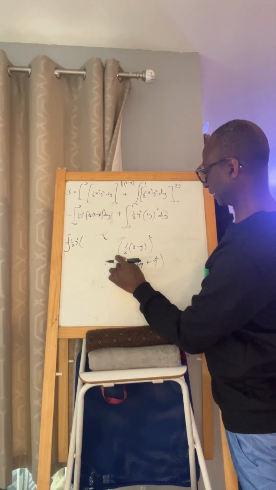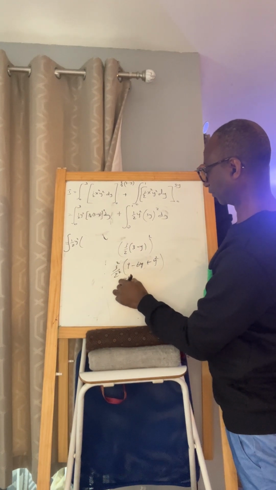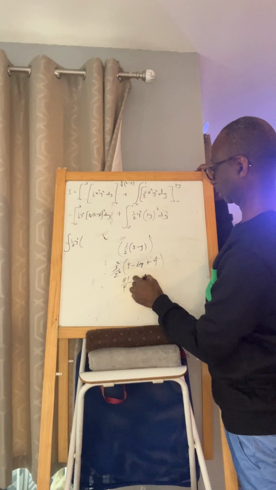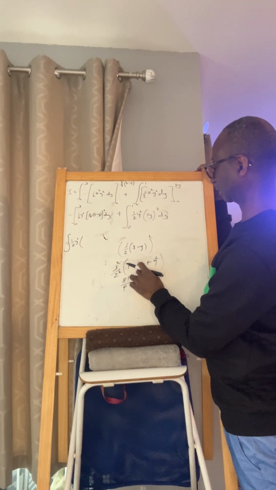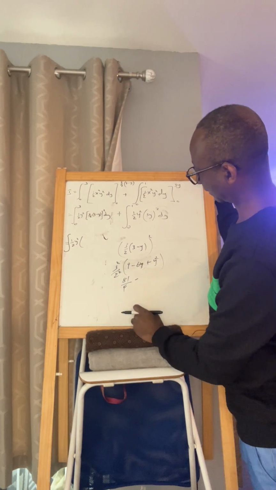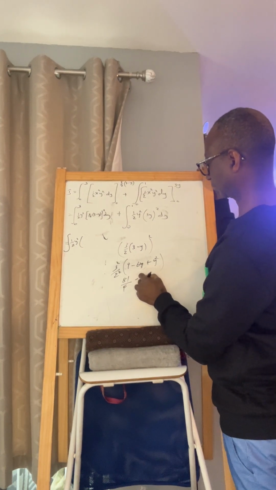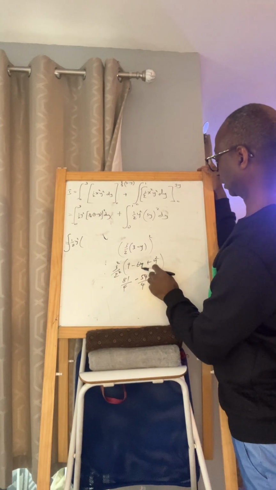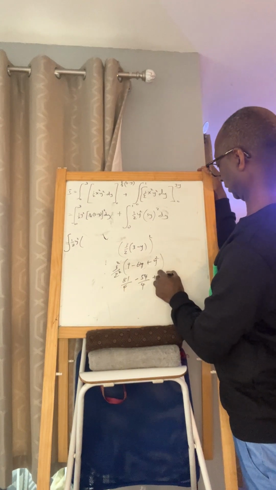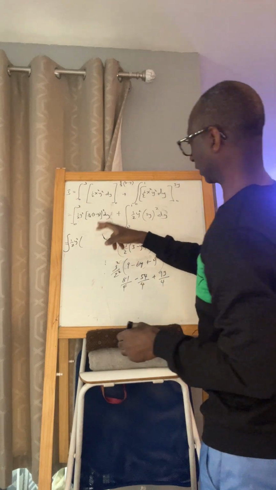Now 9 times 9 is 81 all over 4, 9 times 6 is 54 all over 4, plus 9y squared all over 4. So this is what we got here.